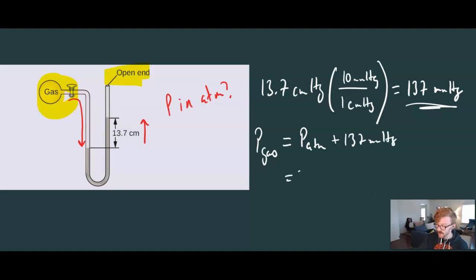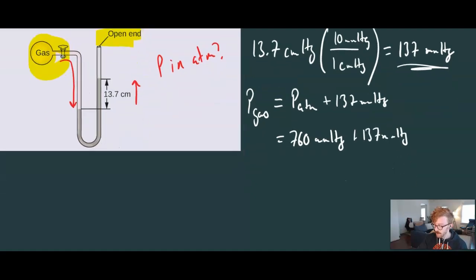So what this equals is 760 millimeters of mercury for atmospheric pressure, which is approximately 1 atmosphere, plus 137 millimeters of mercury, and that will give us the pressure of the gas, which is 897 millimeters of mercury.